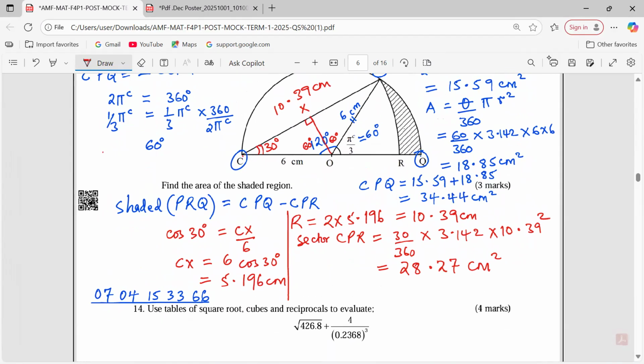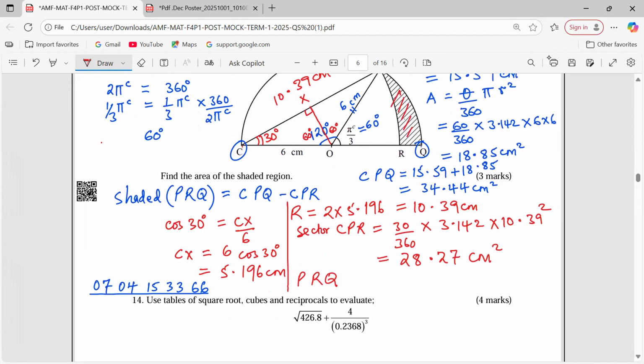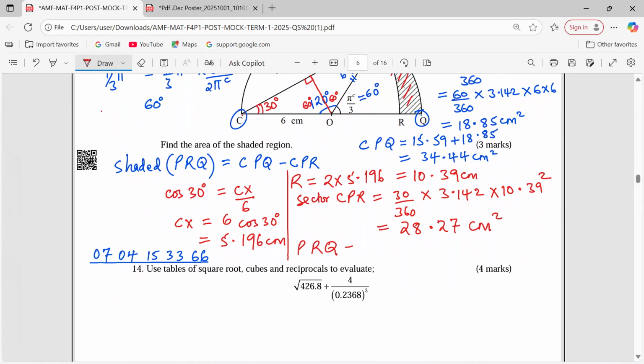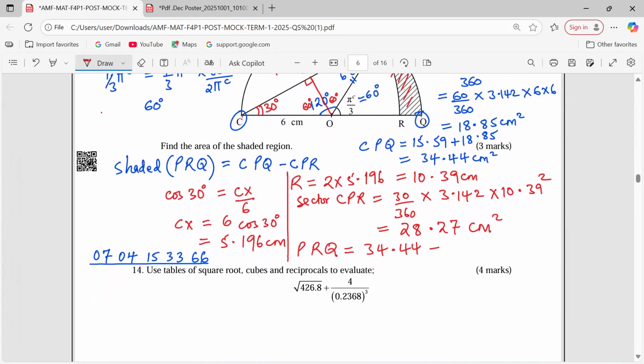So now we can get the shaded region PRQ, which requires the whole of CPQ. We already got that as 34.44. And now we subtract the sector CPR, 28.27.